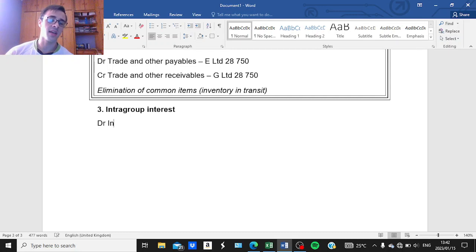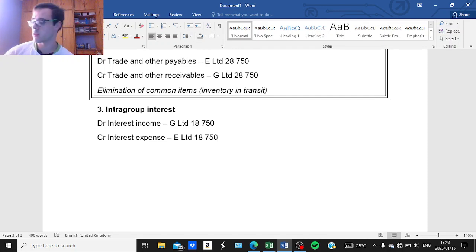So we need to debit interest income for Grazing Limited with 18,750, and we need to credit interest expense or finance costs for the subsidiary, 18,750, elimination of intergroup interest for the current year.